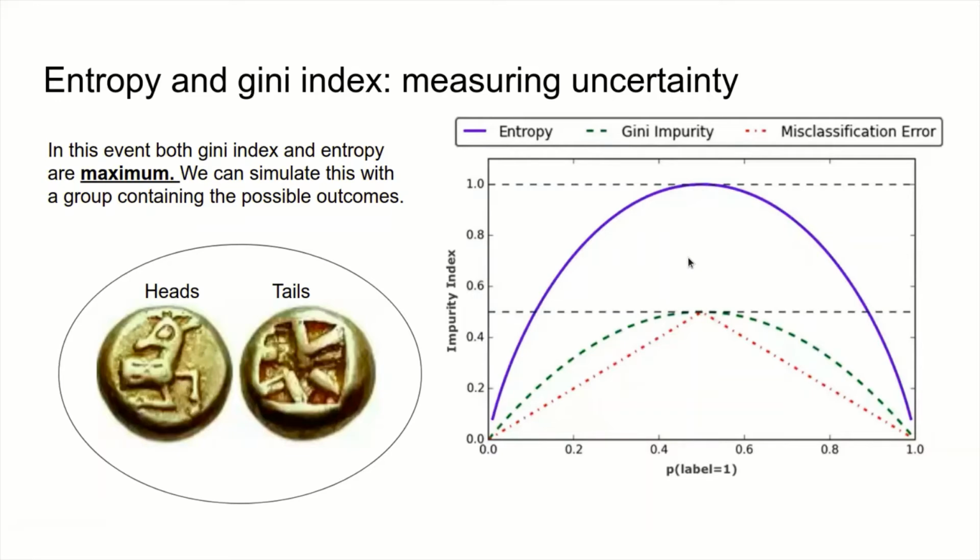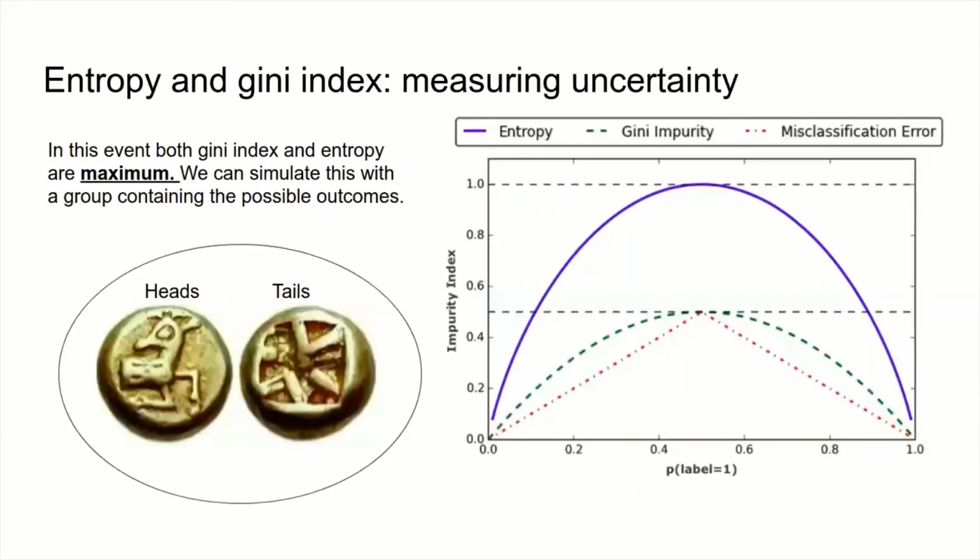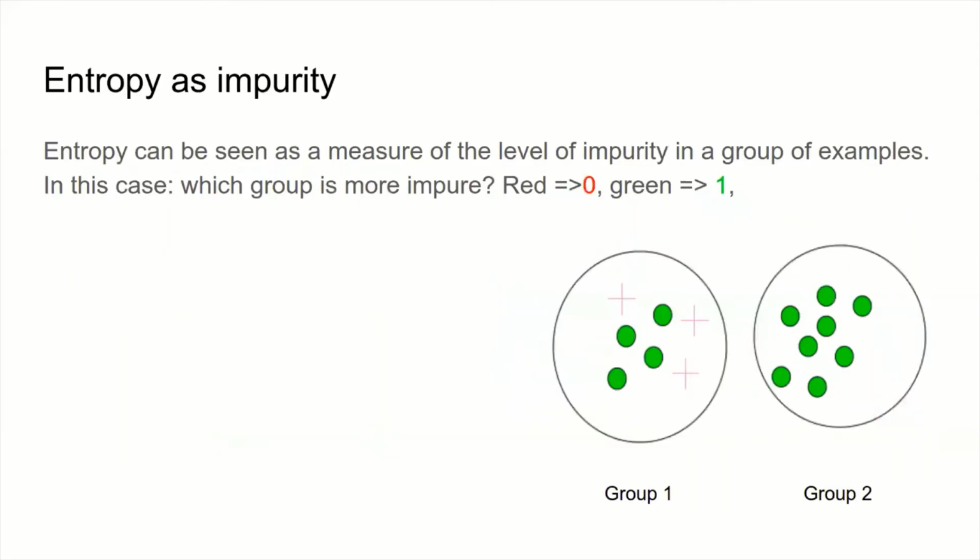So why are we studying this concept? Well, that's because we can contextualize these measures in our context. So entropy can be seen as the level of impurity.